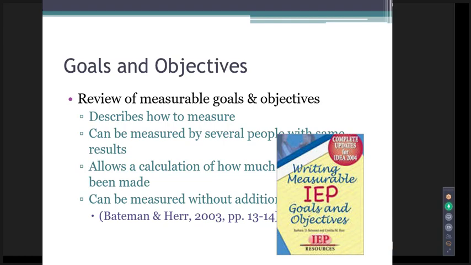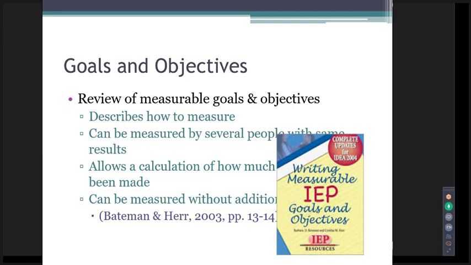But remember that your goals and objectives, and I will use those two words interchangeably, so forgive me, you want to make sure they describe how you're going to measure the progress, and you want to be sure that it can be measured by several people with the same results. Is the person sitting next to you in the room going to be able to see exactly the same thing you did, or is there a subjective nature to it? That's what you don't want.